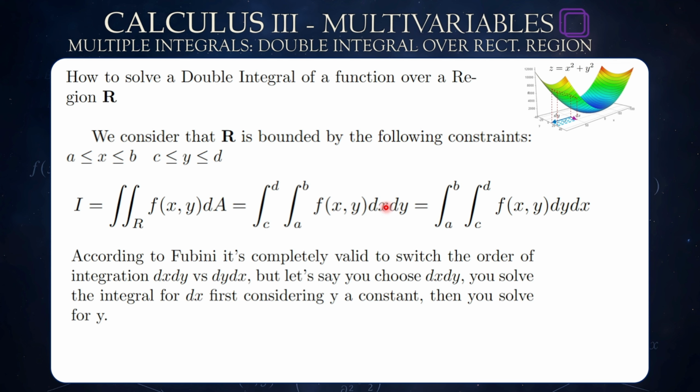Notice that we place the x first. Why? Because we are solving first with respect to x, which is between a and b. Then the solution, you place it back in the integral and you solve it with respect to y, between c and d, which is equal to the integral from a to b, then c to d, f(x,y) dy dx.